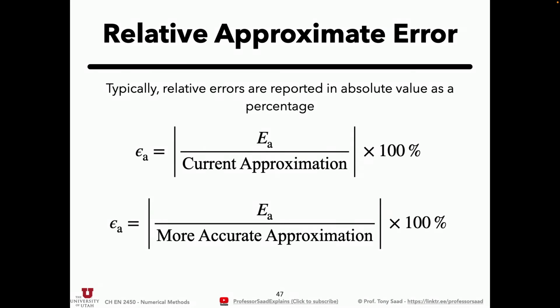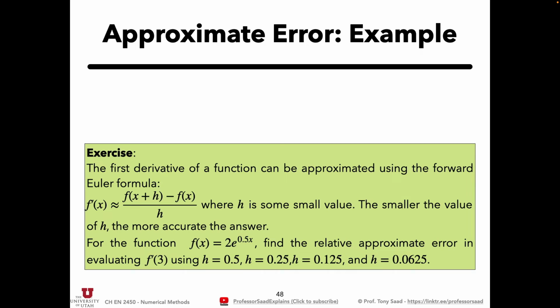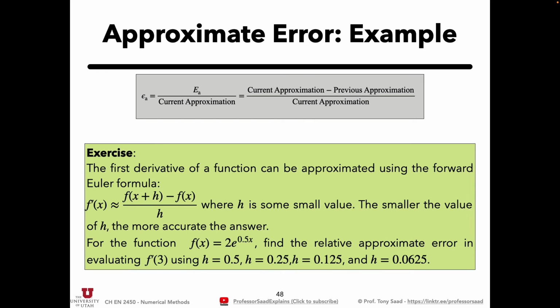Almost exclusively from here onwards, we are going to be using one of these errors to assess our numerical algorithms and how well they're doing. Okay? So, let's go ahead and do an exercise together. Again, I'm going to go back to that derivative, and now you call that rise over run.